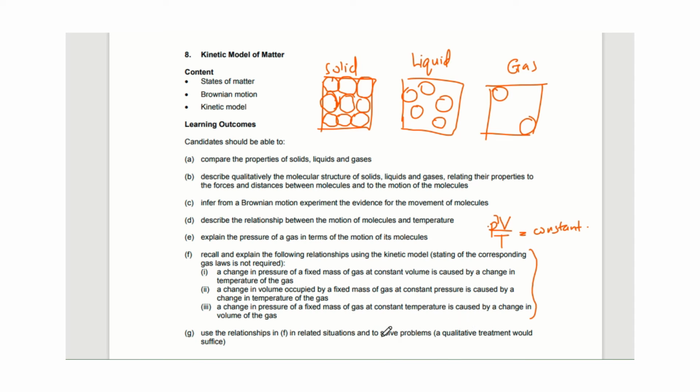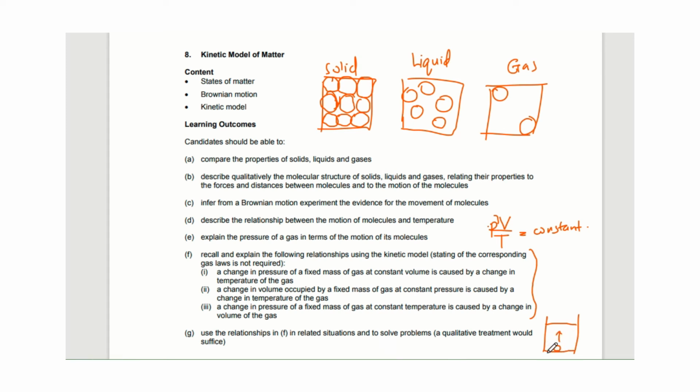Basically, for example, I have an air bubble. This is the liquid, and this is at the bottom. This is the air bubble, and now the air bubble is going to move up to the surface. Assuming that temperature remains constant, what happens to the size of the air bubble? Remember, the deeper it is, the higher the pressure.